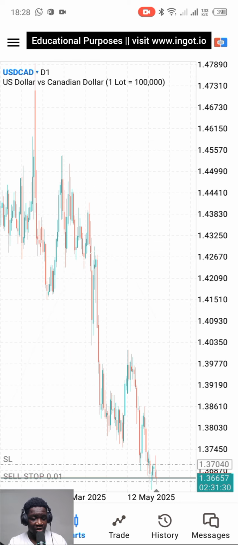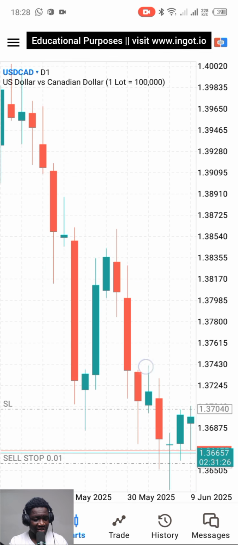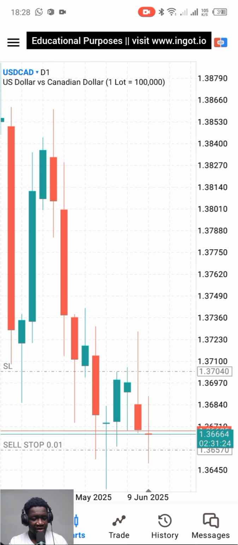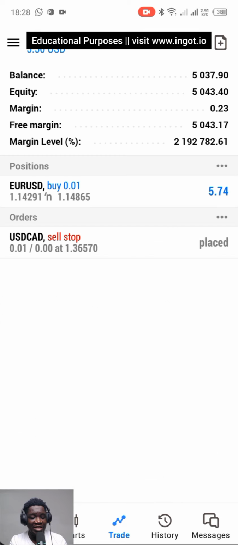What we want to do is, when the price gets to this price, currently it is around 1.36664, but we want to sell when it gets to 1.36570. It's not there yet, so you just leave the market to do whatever it wants to do, and then you just relax. Once you see placed here, it hasn't executed yet.